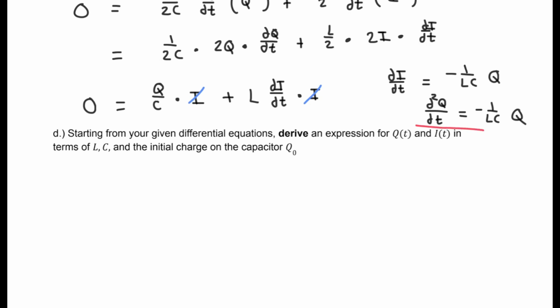So conservation of energy also gives us this equation.